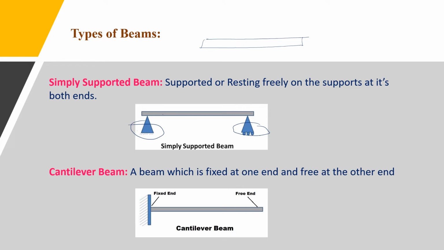And coming to the next one, cantilever beam. If a beam is fixed at one end and free at the other end, it is termed a cantilever beam. In this figure you can see one end is fixed end and the other end is free end. So this type of beam is generally called a cantilever beam.